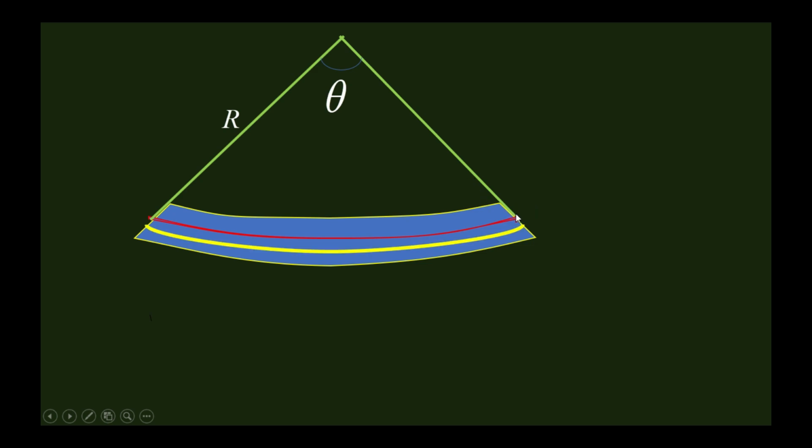Suppose the radius of this neutral layer is r, and it makes angle theta at the center of curvature. Consider one more layer below the neutral layer which is elongated a bit, and suppose its radius is r plus y. This yellow layer is elongated by some amount, and it has a strain, change in length over length.